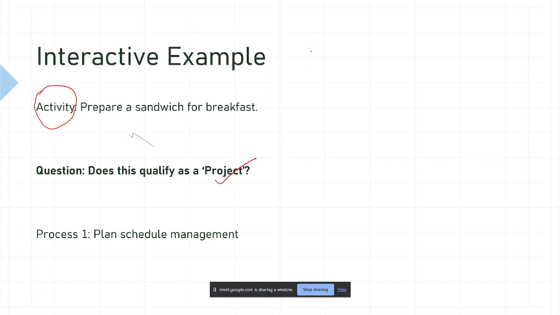So for this project, process one, plan schedule management. We have already decided we want to make a sandwich. What kind of a sandwich do you want to make? Any idea? Anyone that you want to speak. This is plan schedule management.